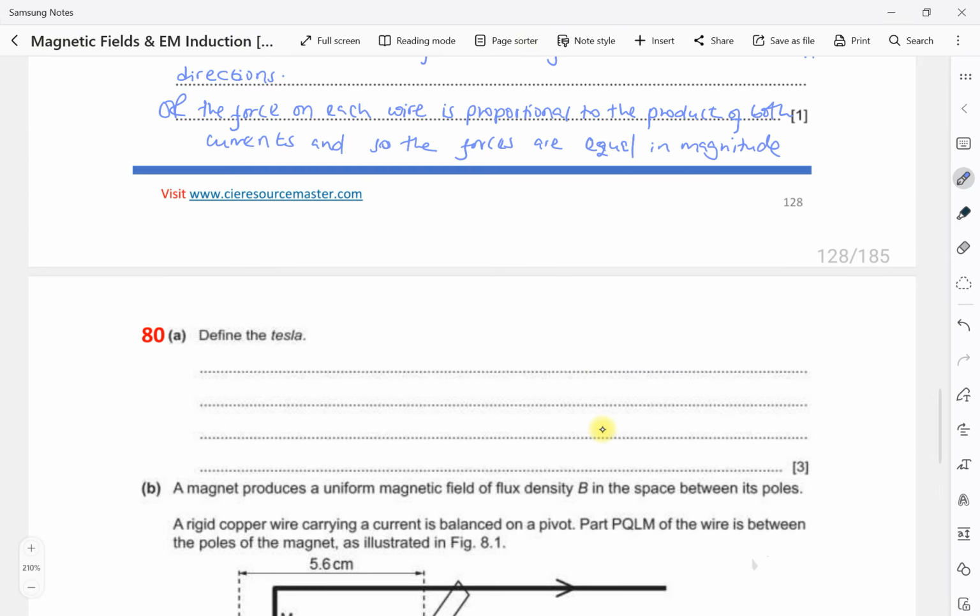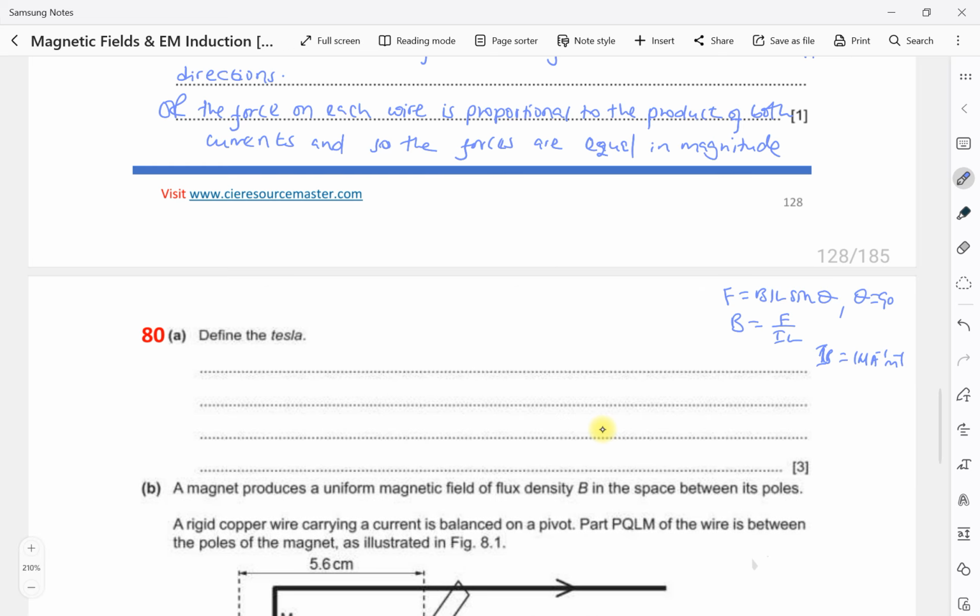Define the Tesla. Earlier on we have defined the Tesla. We said if you look at the equation F equals B I L sine theta, where B is the magnetic field, we define the Tesla when theta equals 90 degrees, so that sine theta equals 1, and B is going to be equal to F over I times L. So in other words, 1 Tesla, which is the unit for B, is equal to 1 Newton per ampere per meter.